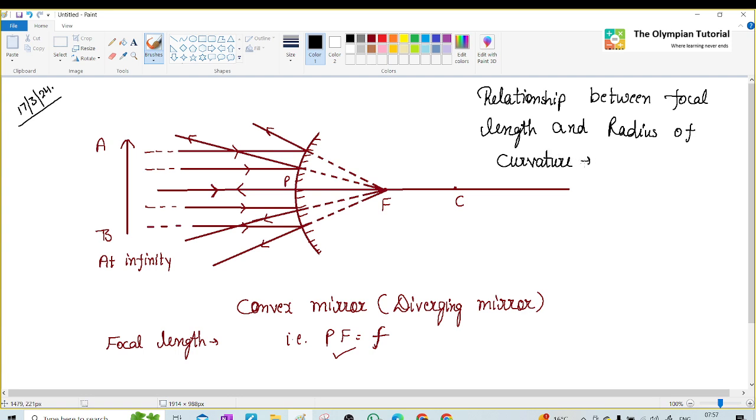Can anyone tell me the relationship between focal length and radius of curvature? I already told you. Ma'am, focal length is equal to R by 2. Radius would be 2 multiplied by f. Yes, or the radius of curvature is double the focal length.